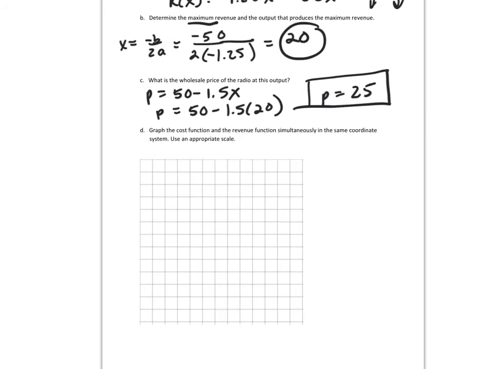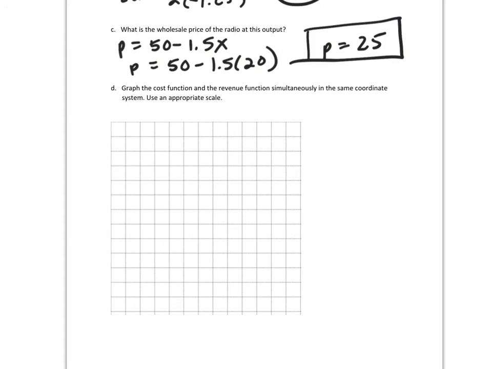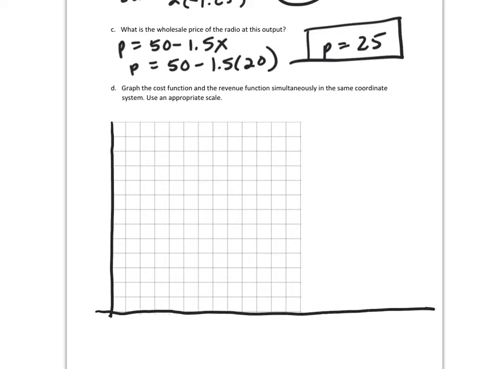All right. Now, we are going to graph this thing. It's going to be in the first quadrant, where x and y are both positive. And I'm going to make my units like this. 300, 400, 500, 600.